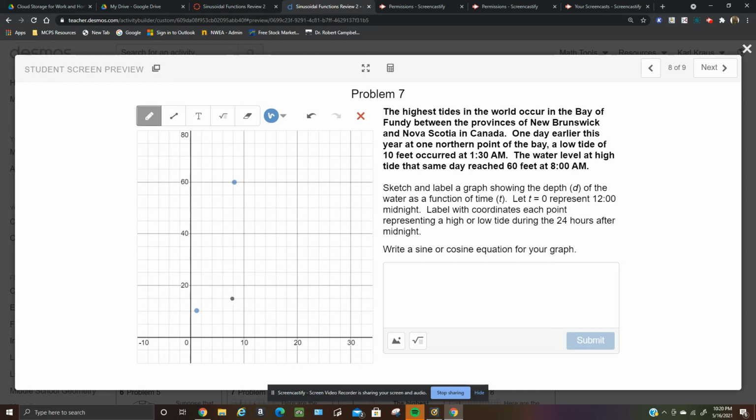So that's 6.5. So 8 and 6.5 would be 14.5.